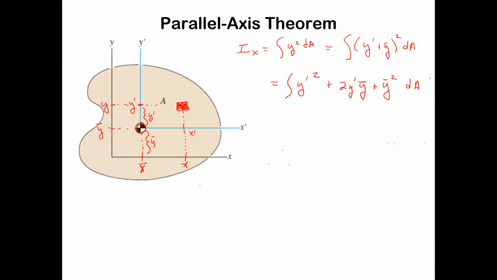And that's a summation, so we can split that into separate integrals. That means we've got the integral of y prime squared dA, plus 2y bar, that is a constant, times the integral of y prime dA, plus y bar squared times the integral of dA.